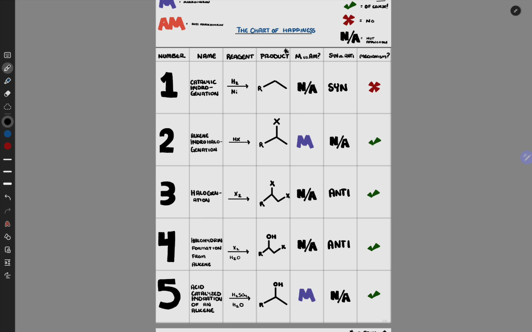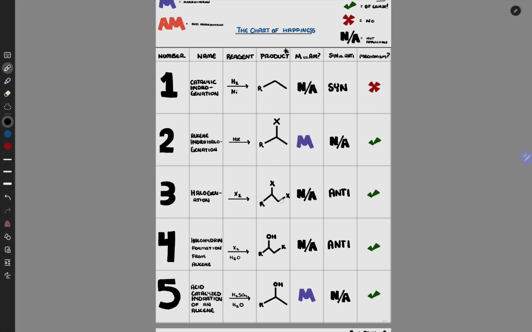So really, Markovnikov isn't that important here. We do want to say though that this molecule will add halogens on opposite sides. So it'll add it by anti-addition. So really, this halogen will add from the back, or this halogen will add from the front, or vice versa, depending on the orientation of the molecule.